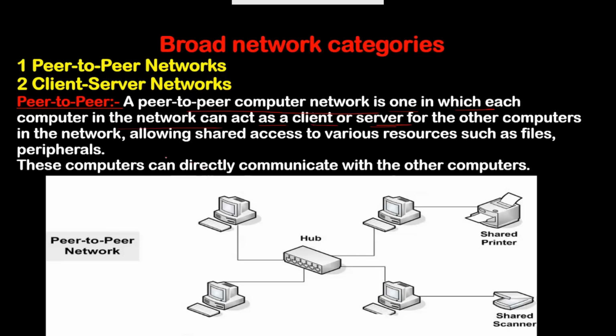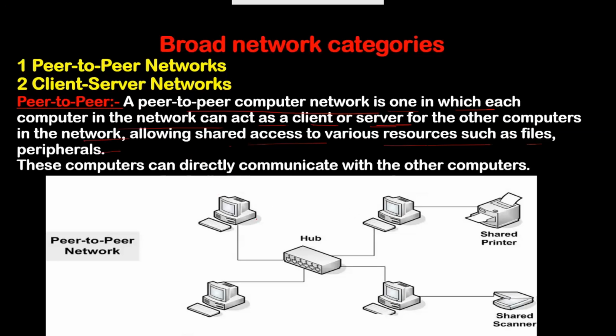Means if you create a network and all the systems in your network have the same permission, meaning all are clients or all are servers for other computers in the network, allowing shared access to various resources such as files and peripherals. So this is known as peer-to-peer.